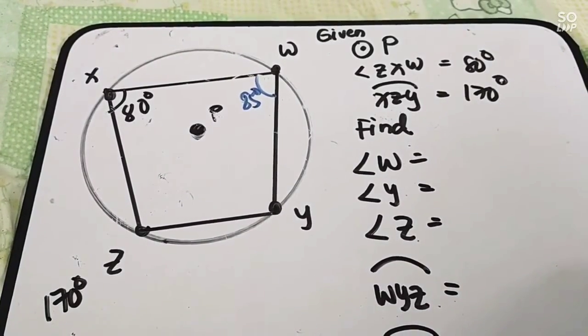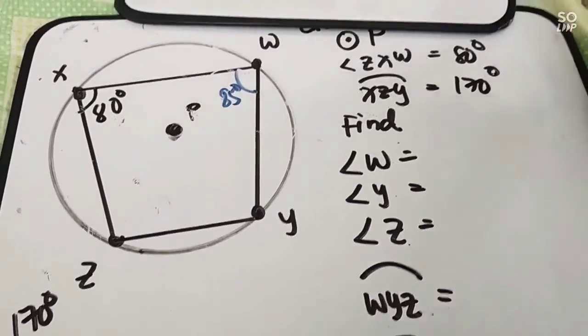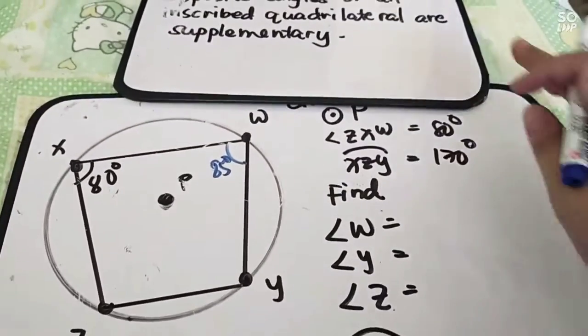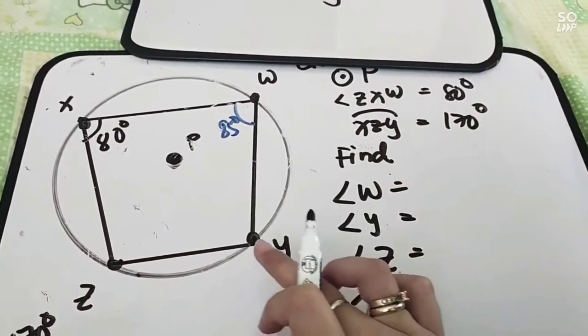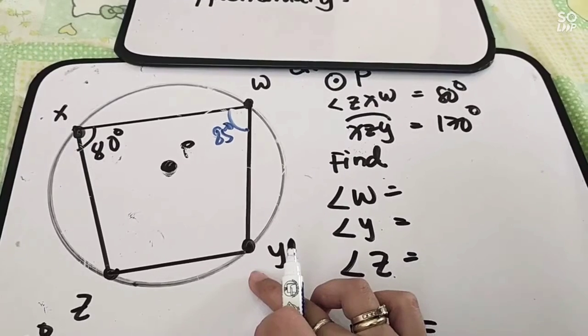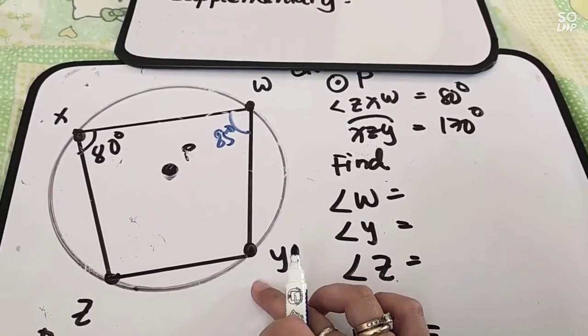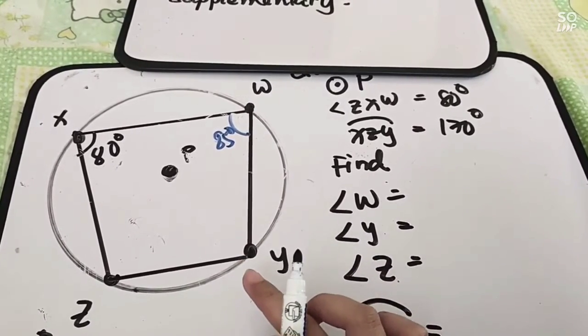Next, sabi niya, doon sa kanyang corollary, ang inscribed angles of a quadrilateral are supplementary, yung kanyang opposite angles. Ano ba yung opposite ni X? Ang opposite niya ay si Y. Okay? So, since they are opposite, supplementary, ang supplementary angles is 180 degrees.